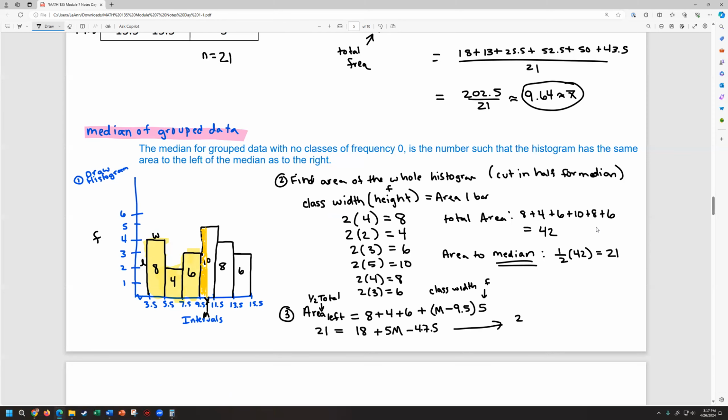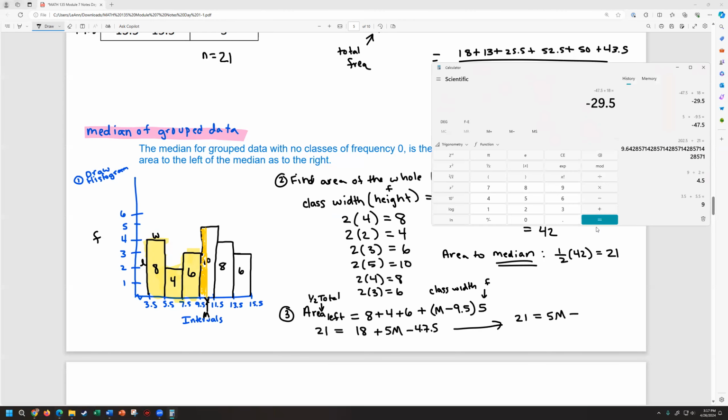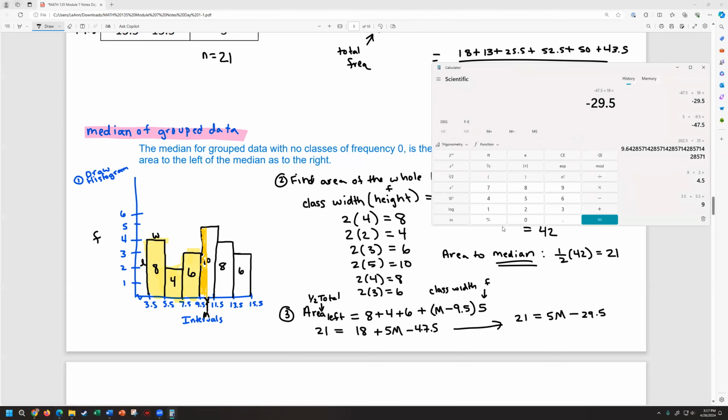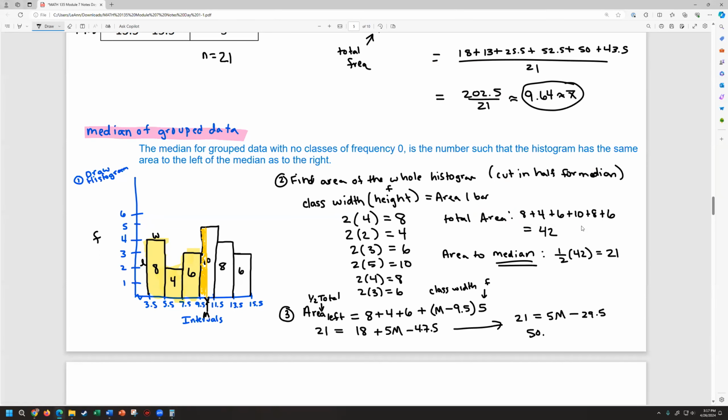So now I have 21 equals 5M minus 29.5. We're just solving for M, we're solving for the median. We'll add the 29.5 over to the other side. So 21 plus 29.5 is 50.5, divided by 5 because we've got to get the M by itself.